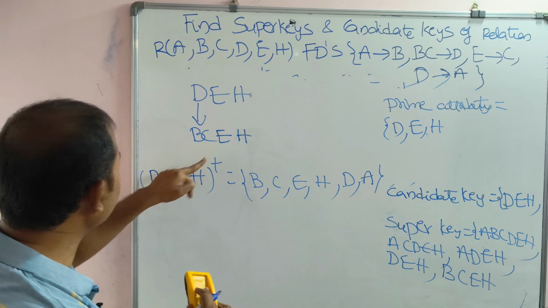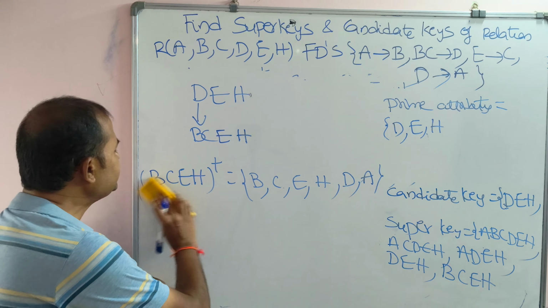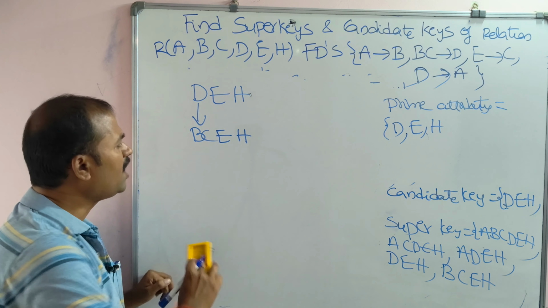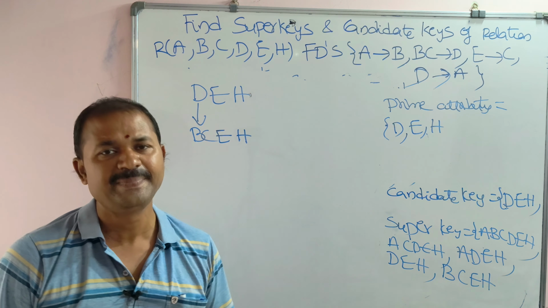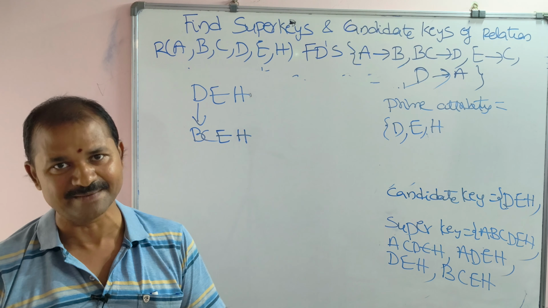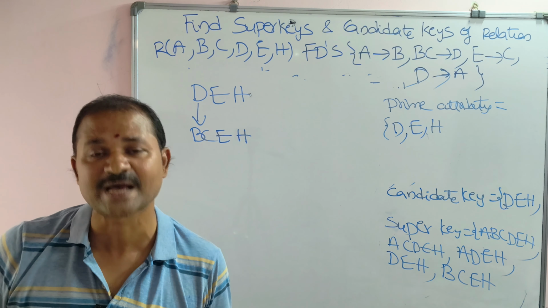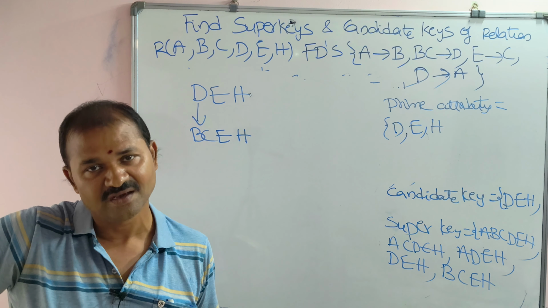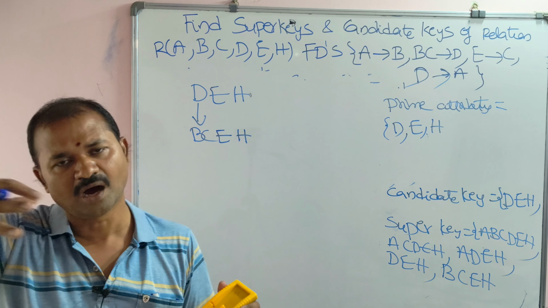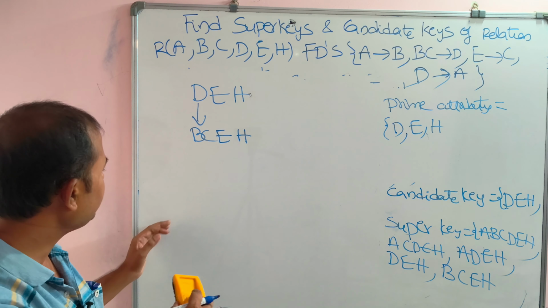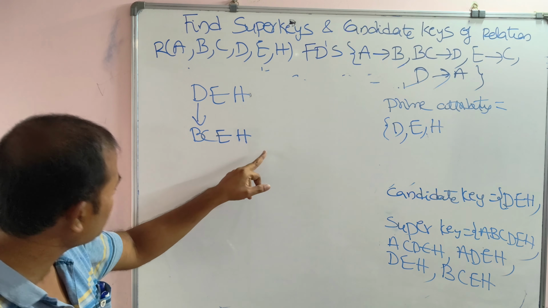Now we have to check whether this BCEH is a candidate key or not. So we can't say 100% that BCEH is the candidate key. Why? Because BCEH has so many subsets. So we need to check whether those subsets are producing all the attributes or not. So for that we have so many subsets here.